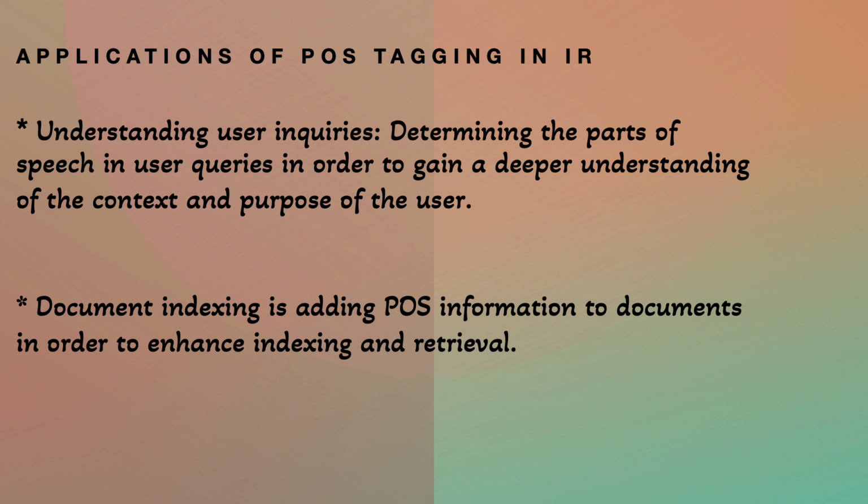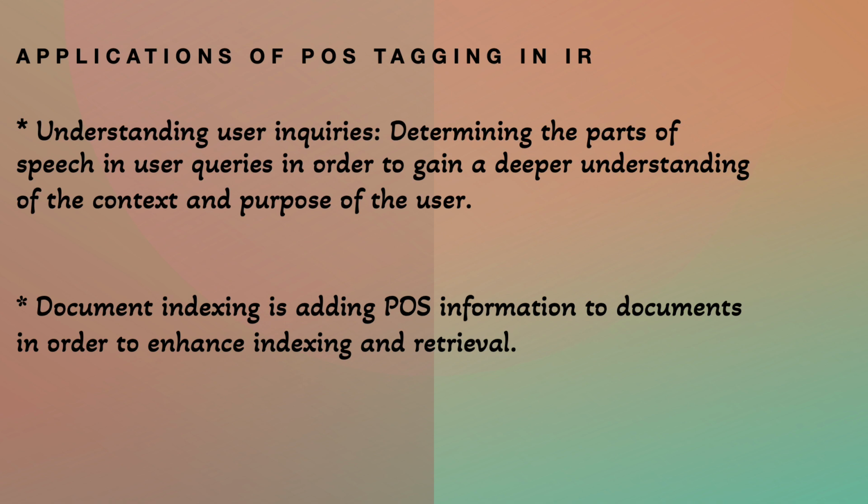This allows for more accurate interpretation of user intent, enabling search engines to provide more relevant and contextually appropriate search results. For instance, distinguishing between different parts of speech can help disambiguate ambiguous terms, ensuring that search results align closely with the user's intended meaning.